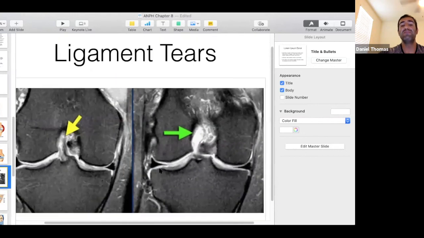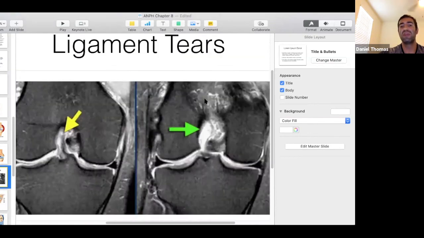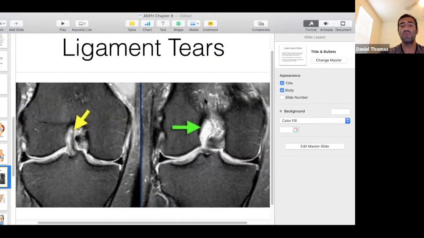Now, the biggest clue here is you see that there is liquid, there's water in the bone. That's because the vast majority of ACL tears are accompanied by a bone bruise, because usually what happens is something really strong is going to break the knee out of alignment, and the bones are going to whack together.